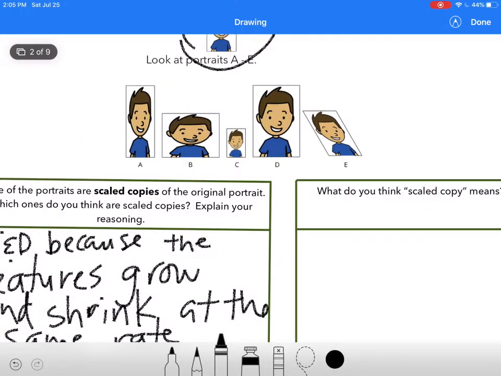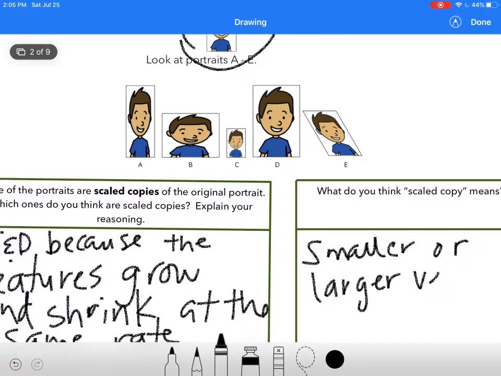So what do you think a scaled copy is? I think it's a smaller or larger version of the original.